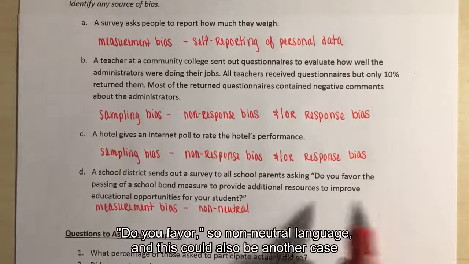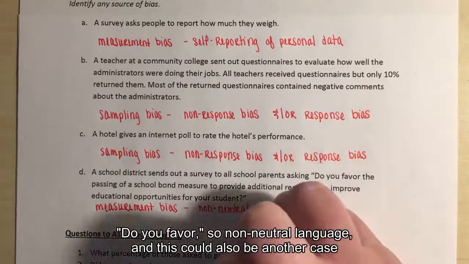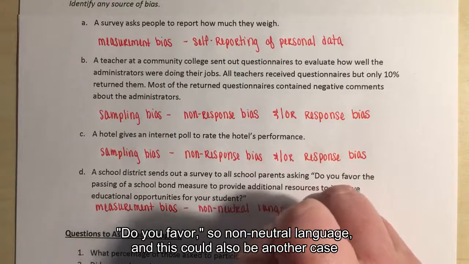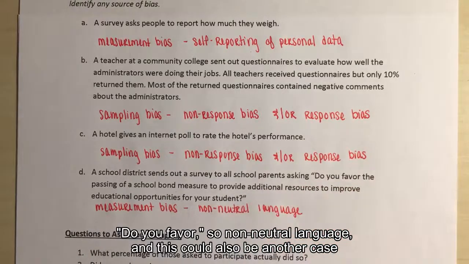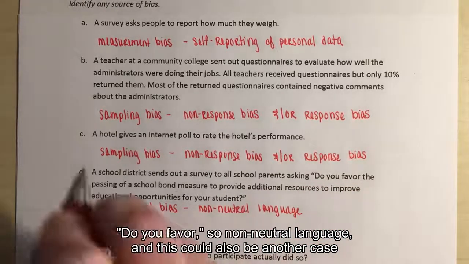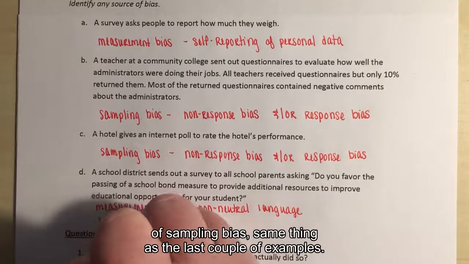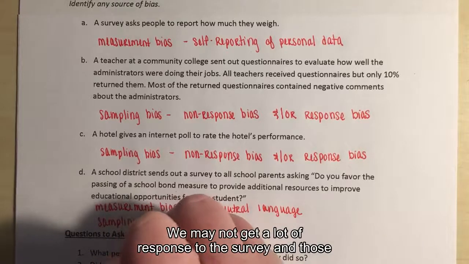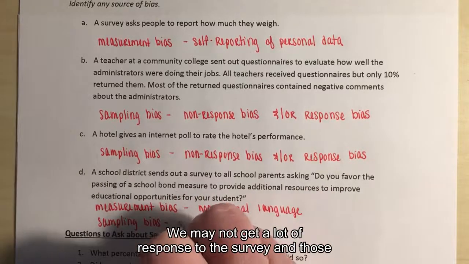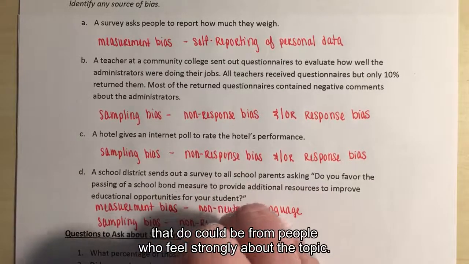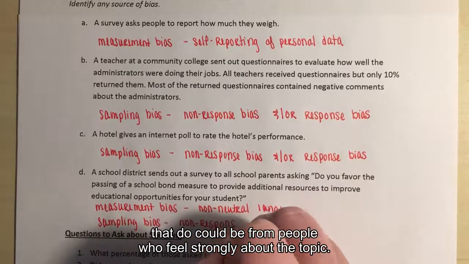Do you favor? Right, so non-neutral language. And this could also be another case of sampling bias. Same thing as the last couple examples. We may not get a lot of response to the survey, and those that do, right, could be from people who feel strongly about the topic.